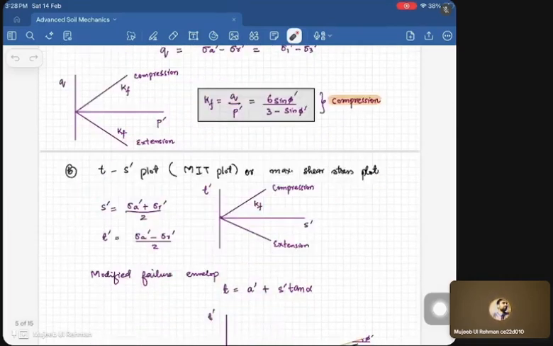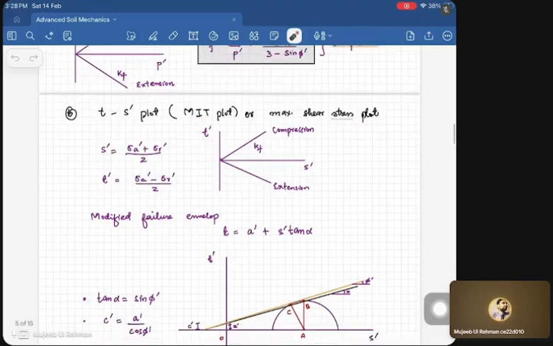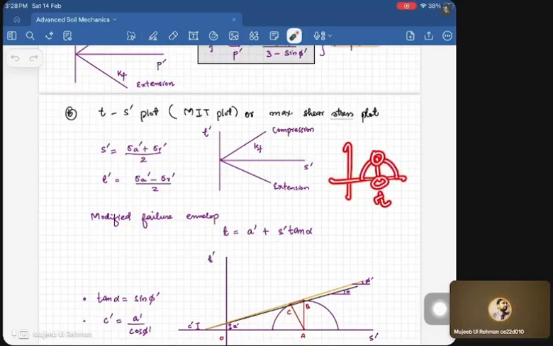Another way of representing this is the t-s dash plot, which is called the MIT plot, or maximum shear stress plot, in which we use two parameters: s dash, given by sigma A dash plus sigma R dash, divided by 2, and t dash, given by sigma A dash minus sigma R dash, divided by 2. They are the center and the maximum shear stress of the Mohr circle. If we draw the Mohr circle, you can see that this point is t and this is s, correct?